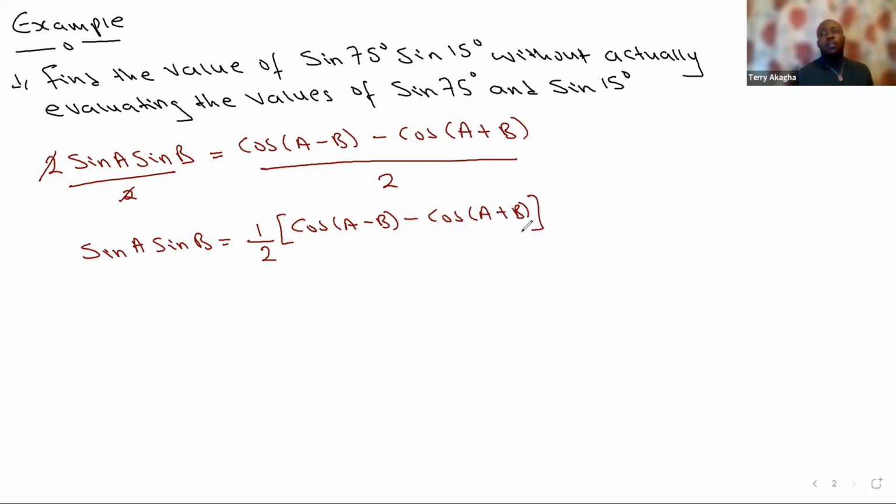So that is now similar to the question we were given. That means my A is 75, and my B is 15 degrees.